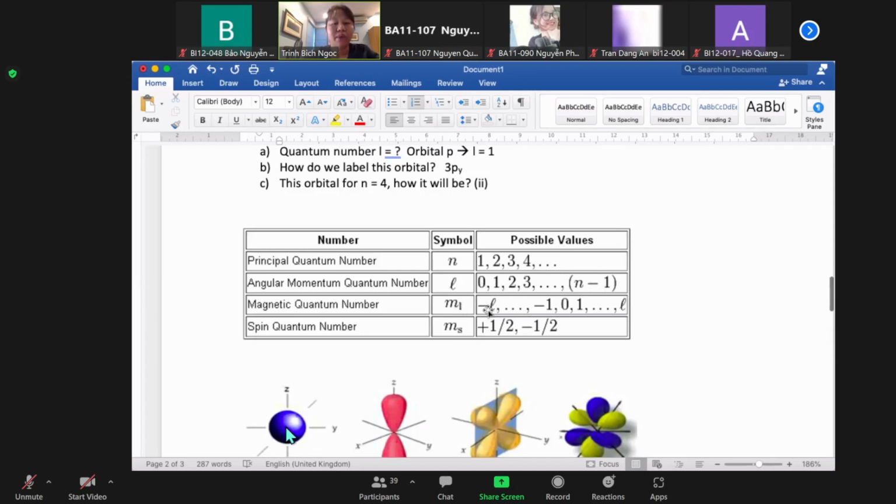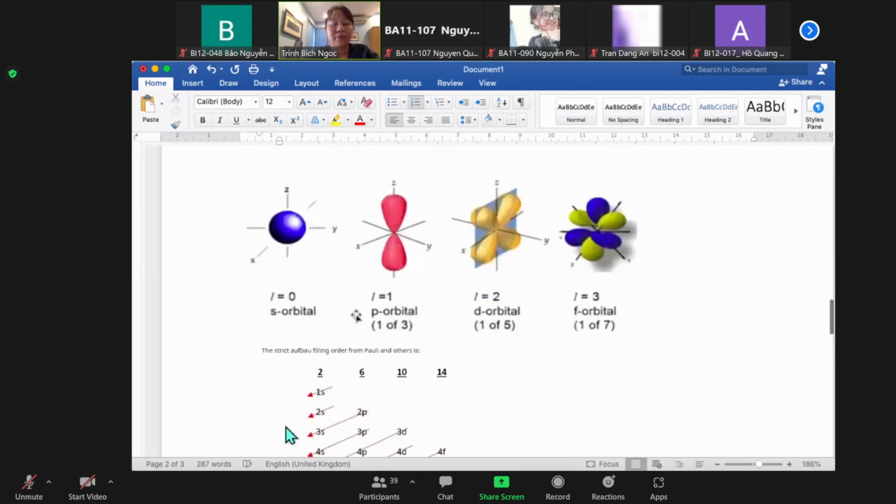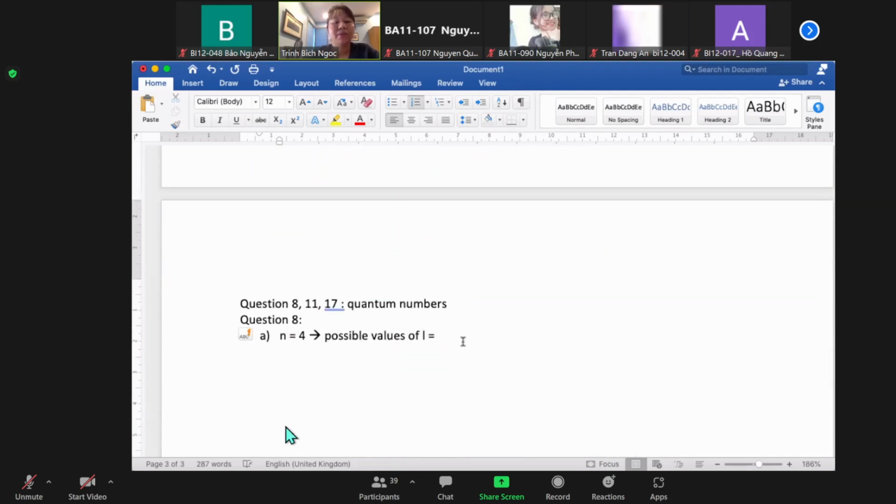For ml it will be from minus L to plus L. And for spin you have only two values. So the possible value of L here will be 0, 1, 2, 3. Okay, thank you.